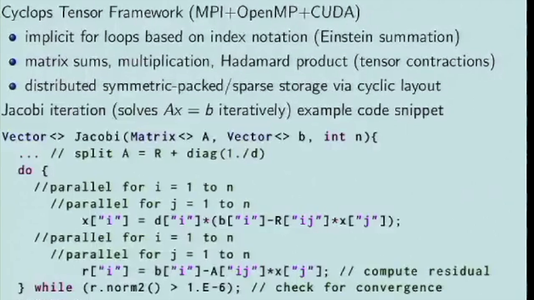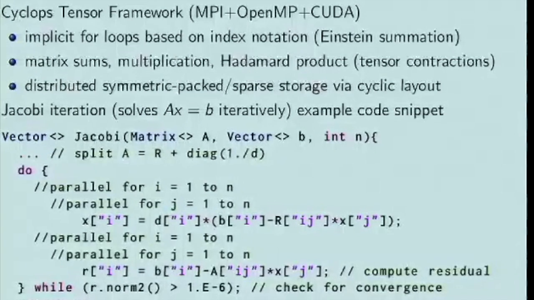But first, to show how the interface looks and explain a little bit more what Einstein summation means, if we just want to do the Jacobi iterative method, which primarily consists of a multiplication of a matrix by a vector, we can do it as such. So this is the only line of C++ code that is actually CTF code, and I've just added these comments to try to explain what's going on. So the loops over i and j over these indices are implicitly inferred from this equation.